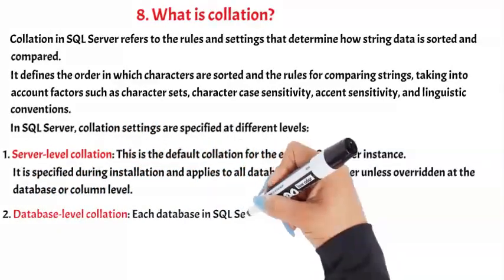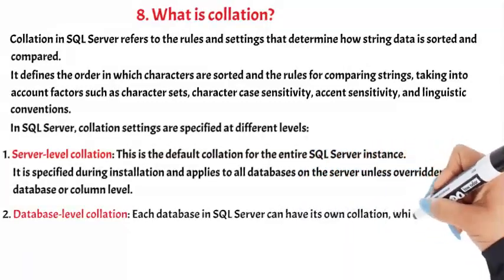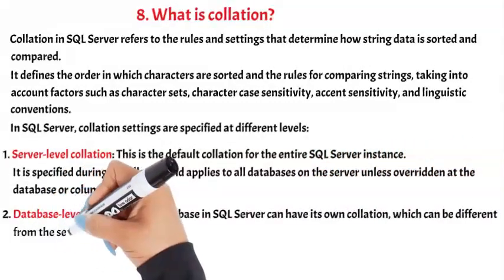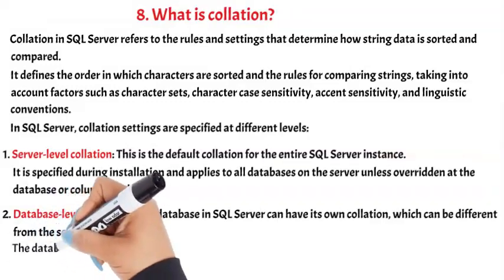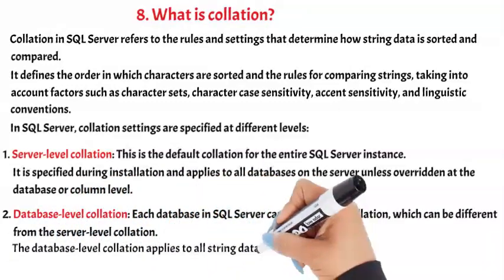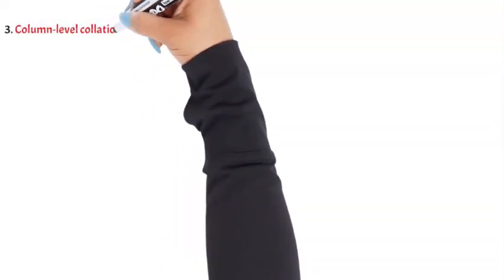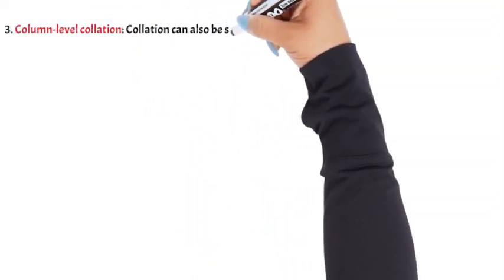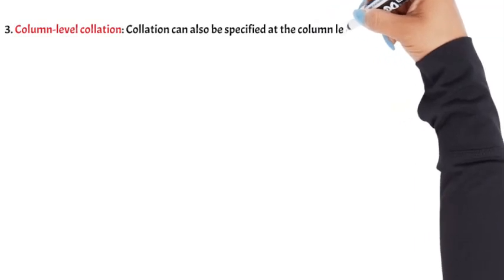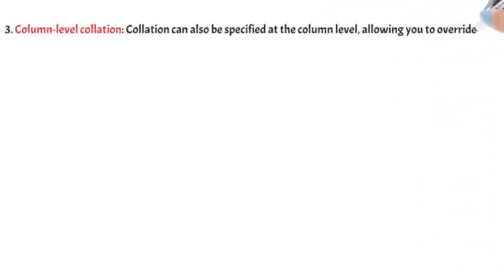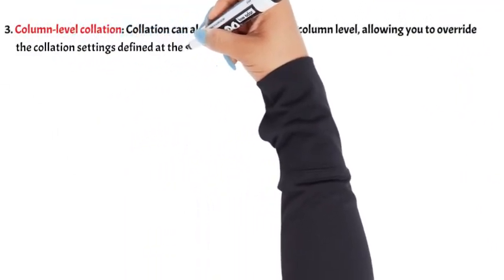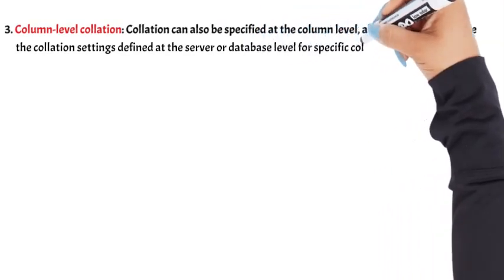Each database in SQL Server can have its own collation, which can be different from the server-level collation. The database-level collation applies to all string data within that specific database. 3. Column-level collation. Collation can also be specified at the column level, allowing you to override the collation settings defined at the server or database level for specific columns.